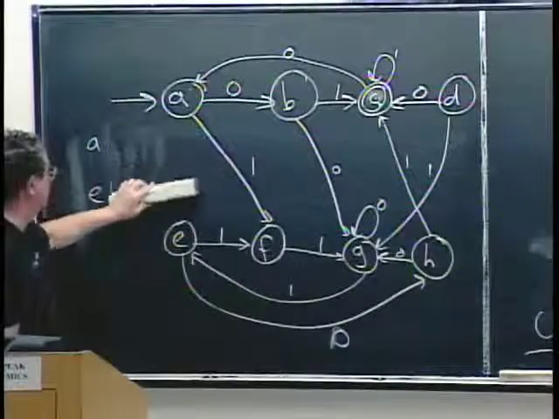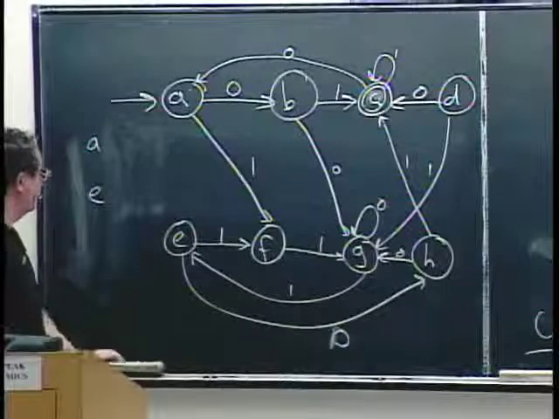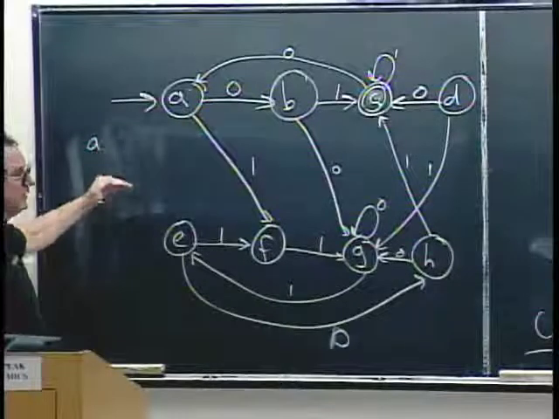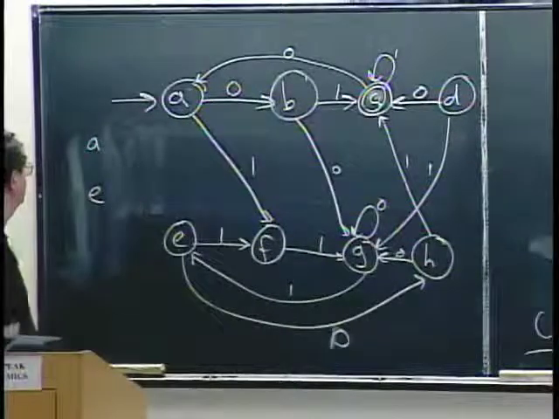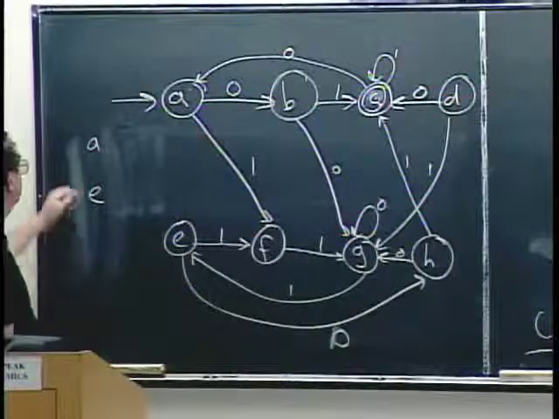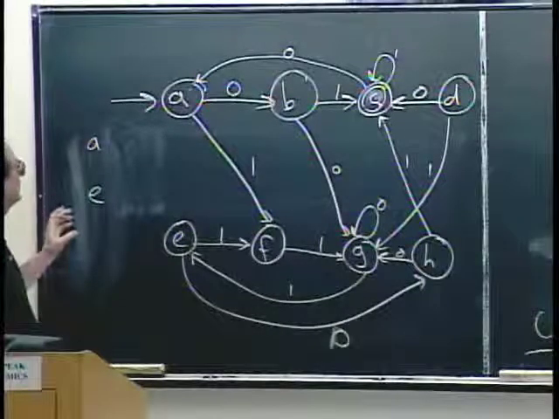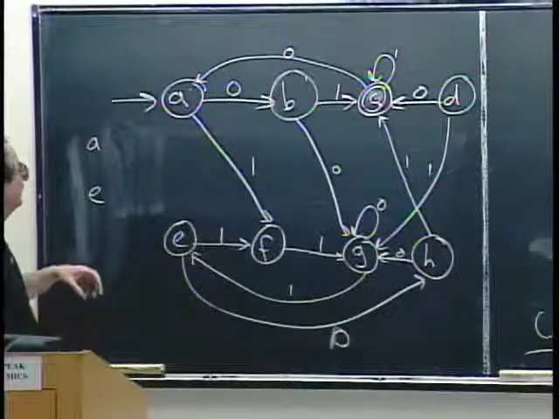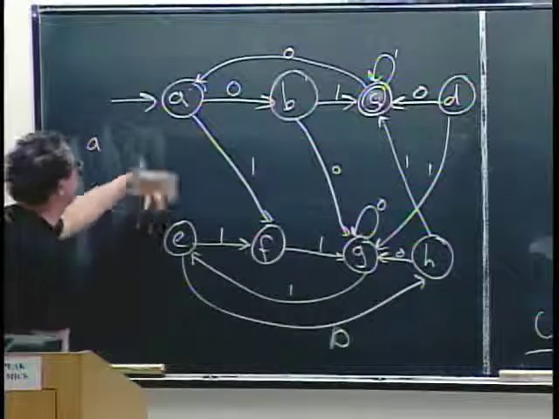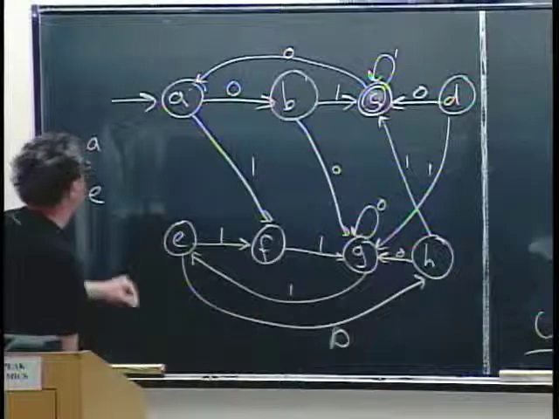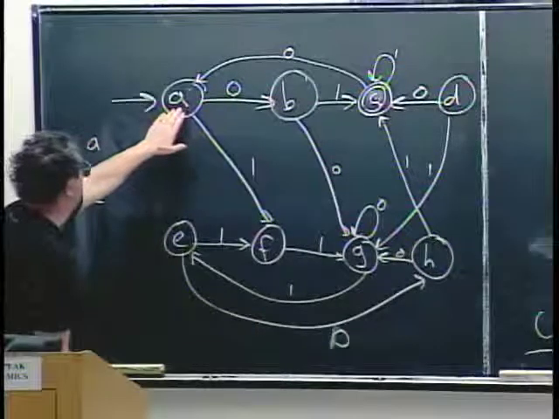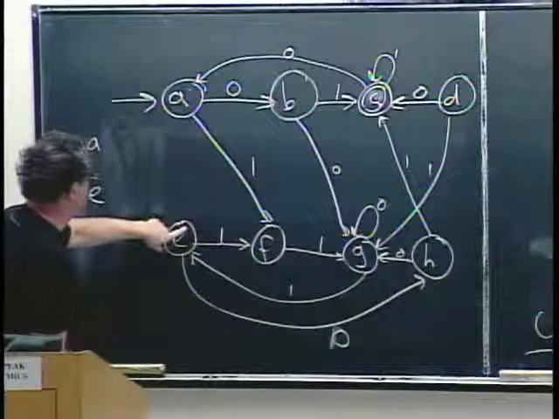This was just a little sort of sanity check. Did we immediately see a contradiction to the claim that A and E are indistinguishable? But I'm telling you A and E are indistinguishable. So in the merging operation, let's take A to be Q and E to be Q prime.